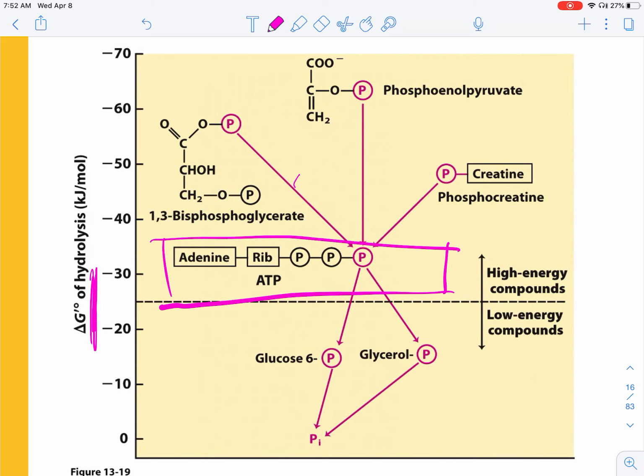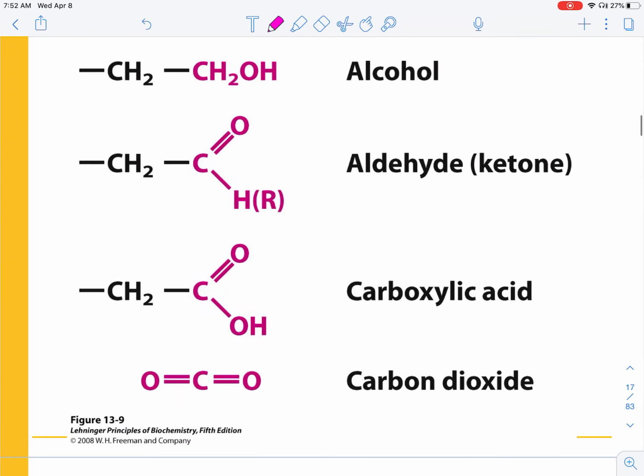So 1,3-bisphosphoglycerate or phosphoenolpyruvate, these are higher energy compounds than ATP, and we use that energy to make ATP from ADP. And then the ATP itself can be used, it is of higher energy than glucose 6 phosphate, to phosphorylate glucose or glucose 6 phosphate in order to go into the glycolysis process. All right. And so this is how we generate that ATP in order to do the work.